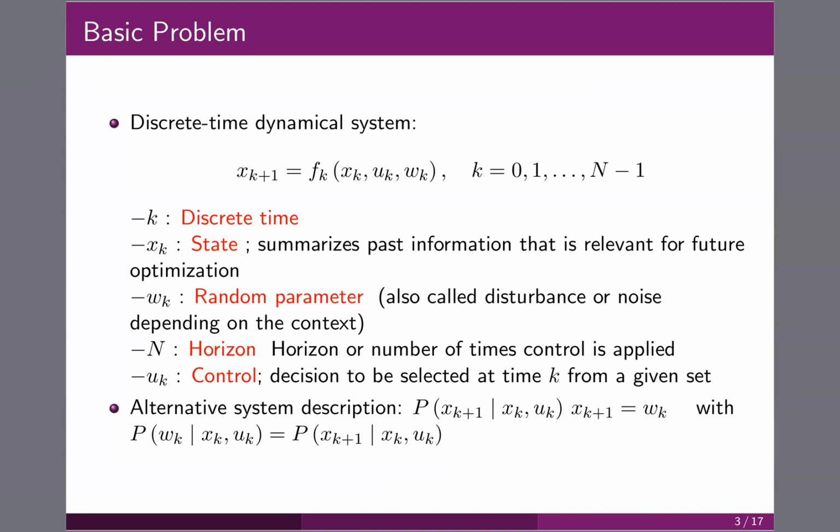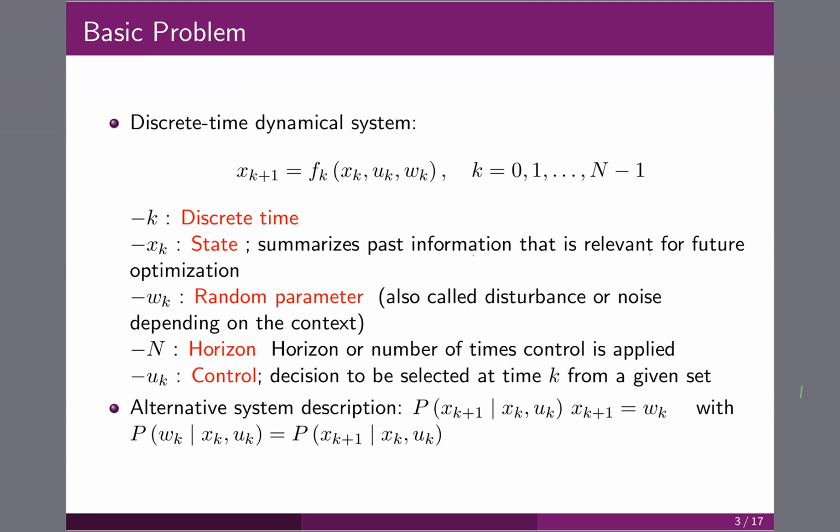So last time we introduced a basic problem. We introduced a discrete time dynamic system like this: x_{k+1} = f_k(x_k, u_k, w_k), a map f_k which maps x_k, u_k and w_k to x_{k+1}. Here k is discrete time, from 0 to N minus 1. x_k is the state of the dynamic system.